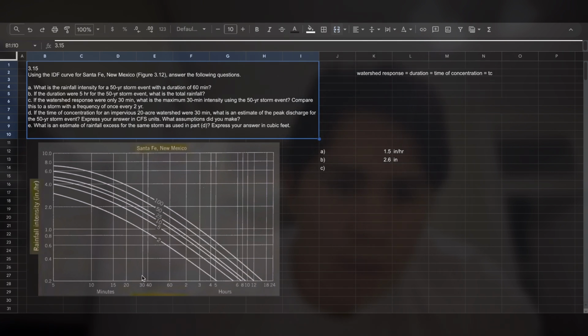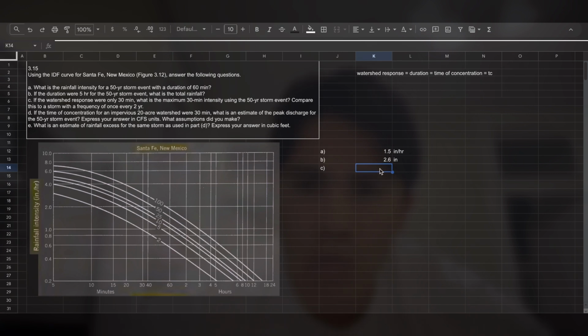So for a 30-minute, 50-year storm, I have it in my notes that it will be about 2.5 inches per hour. And it says compare this to a storm with a frequency of once every 2 years. What it means is compare it to a 2-year return period.